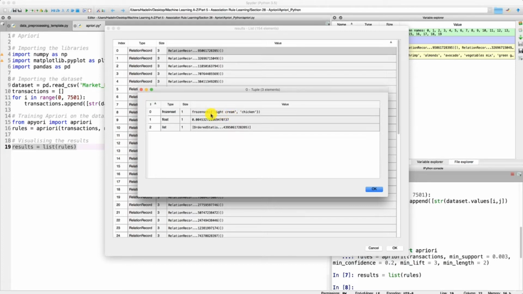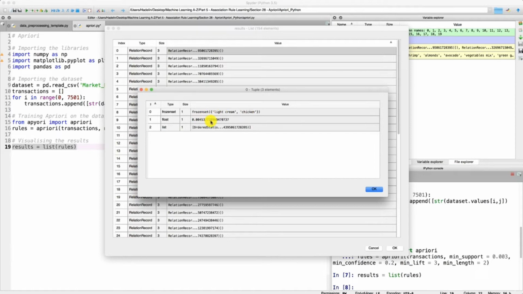meat. And then we have the support of this association rule, that is the proportion of this set of products here composed of light cream and chicken among other transactions. So basically this 0.0045 support value here was obtained by dividing the number of transactions containing some light cream and some chicken by the total number of transactions.